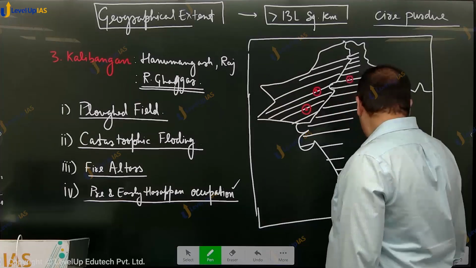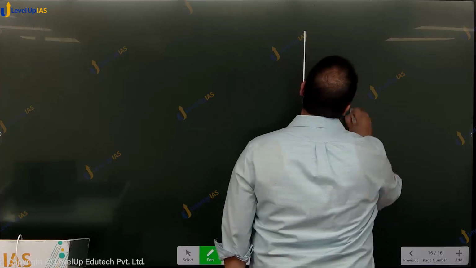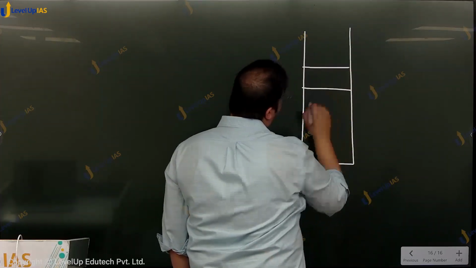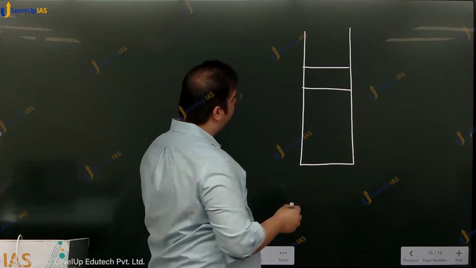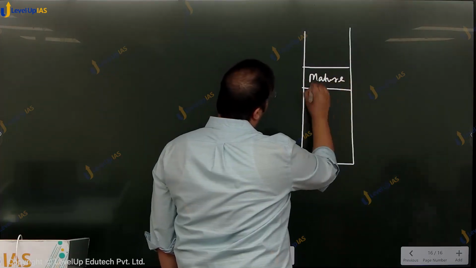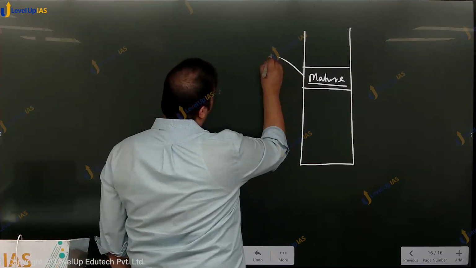See, when an excavation is done, then the uppermost layers are the ones which were deposited most recently at Kalibangan. These belong to the mature Harappan phase, right? What are the things that we find over here?